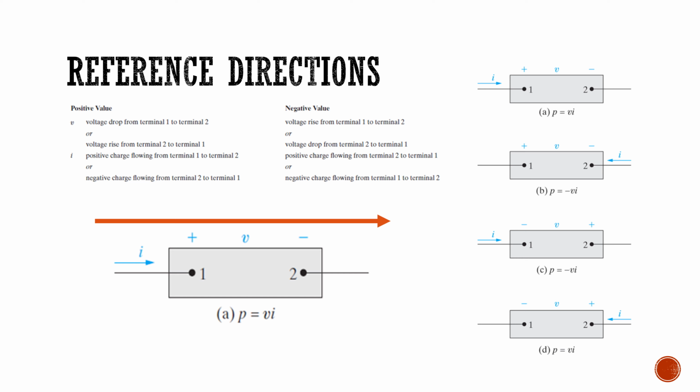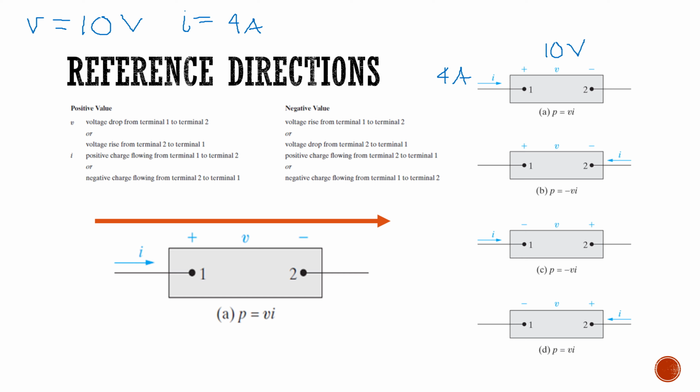So if our definition for current or voltage, let's say, is equal to 10 volts, and our current is equal to 4 amps, what would it look like here? This one's already set up in the passive sign convention, so our value here would be 4 amps, and our voltage here would be positive 10 volts.